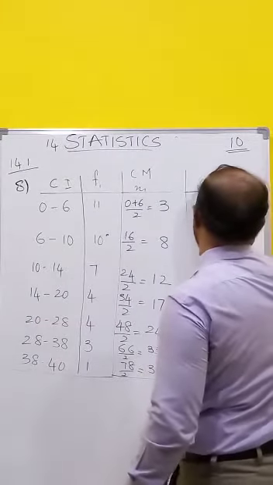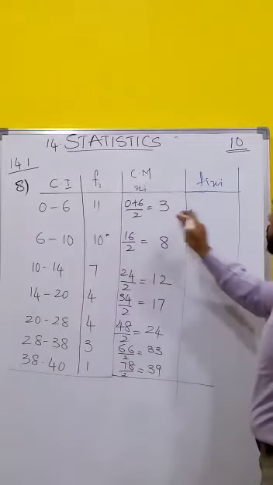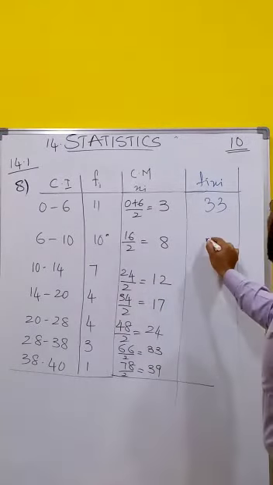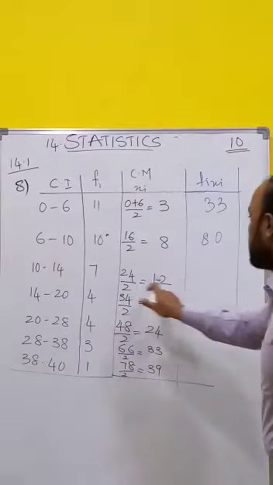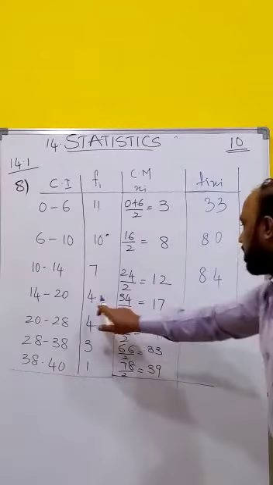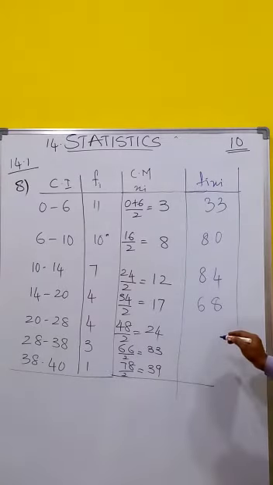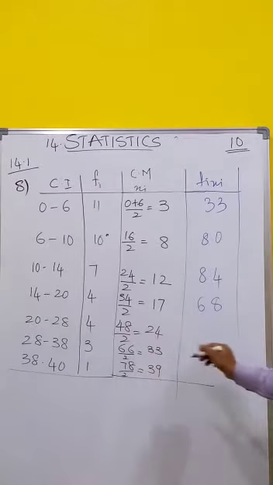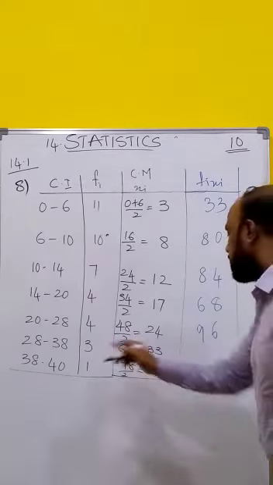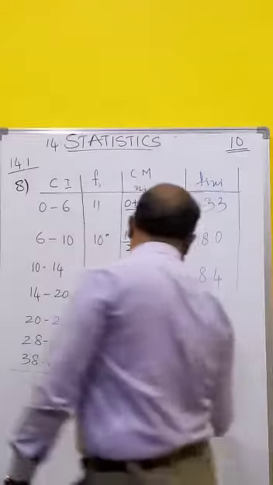We are doing the direct method here. fi xi: multiply. 11 into 3, it's 33. 10 into 8, 80. 7 into 12, 12 sevens are 84. 17 fours are 68. 24 fours are 96. 33 threes are 99 and 39 ones are 39.